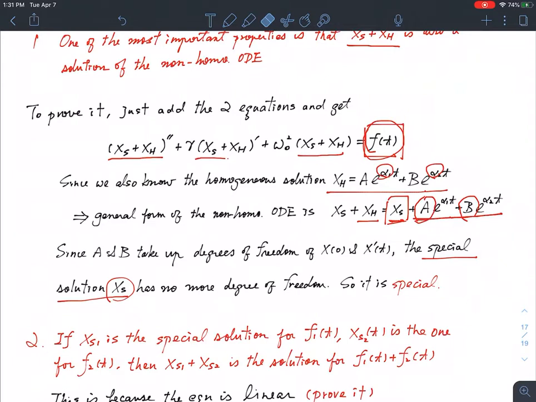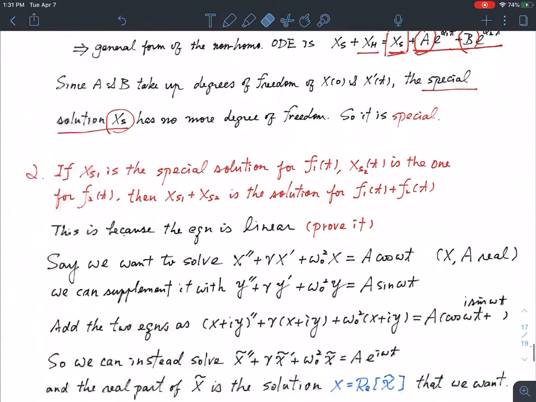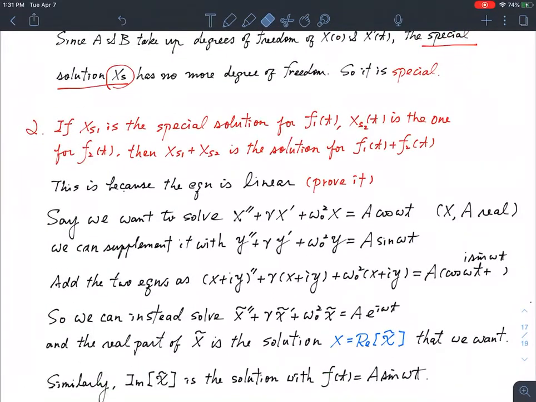All right. The second important property is this. Let me go back to the right pen. If XS1 is a special solution for F1, and you also want to solve for F2, it turns out that the sum of these two solutions will also be the solution if the external force is the sum of the two forces.